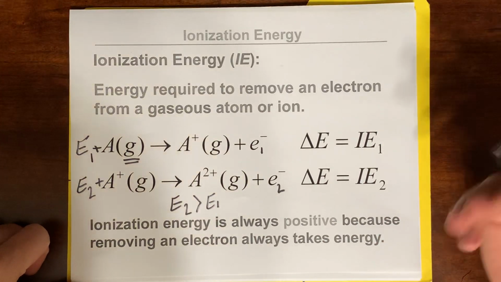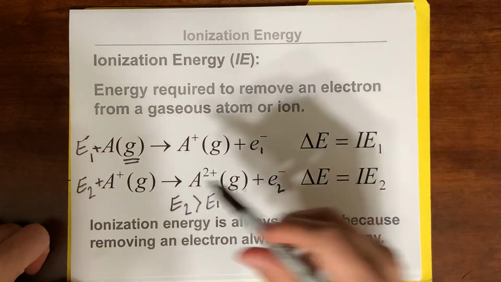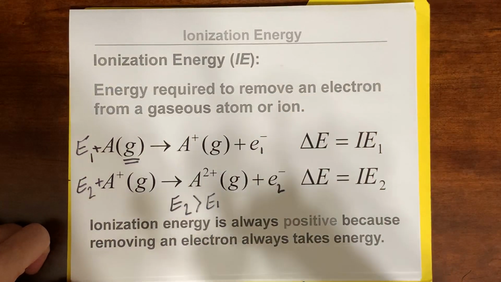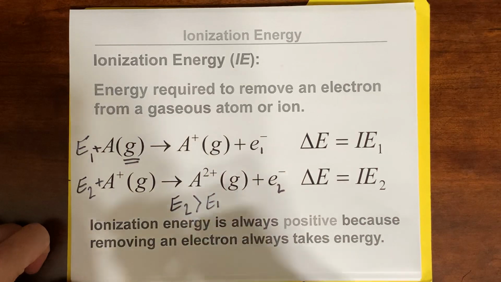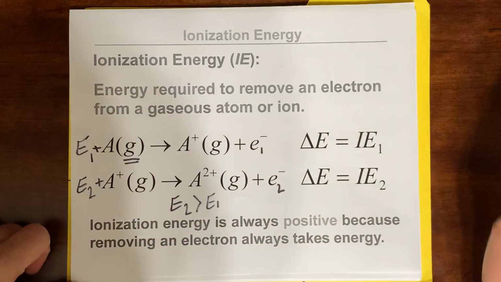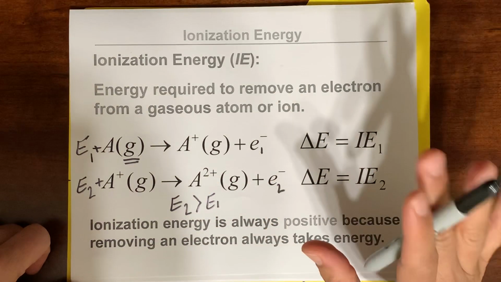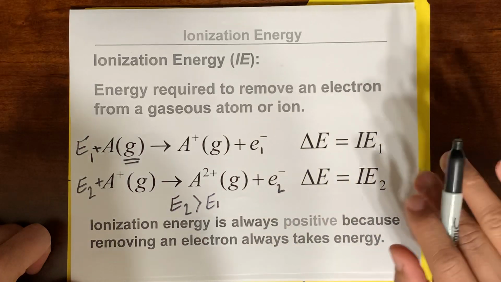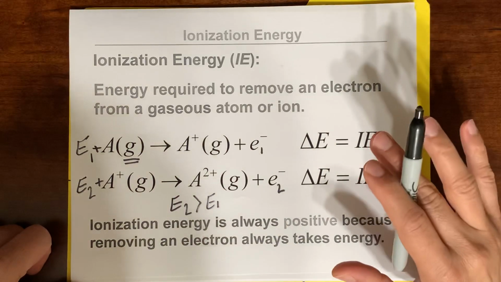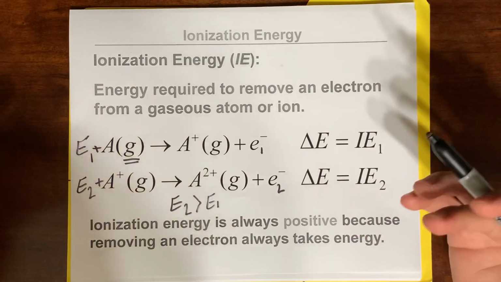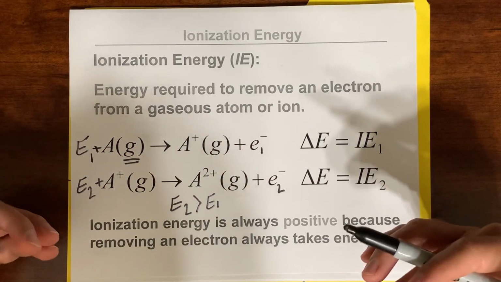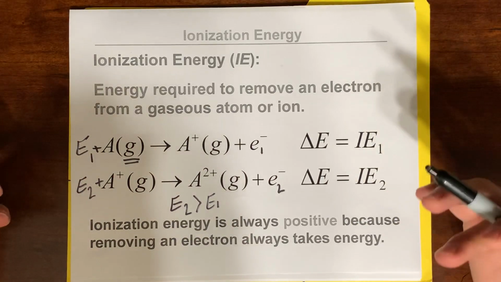Now, the question is, why do we need to have the species in a gas phase? Because we want to know, when we are taking one electron, how much energy we are spending. We don't want to deal with, for example, melting or vaporization, any phase change.